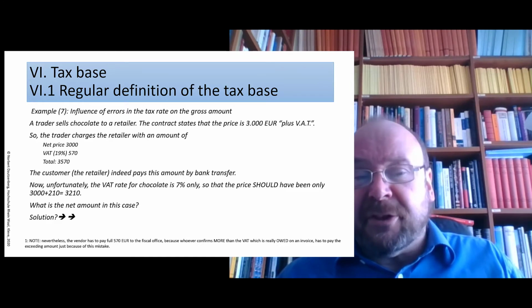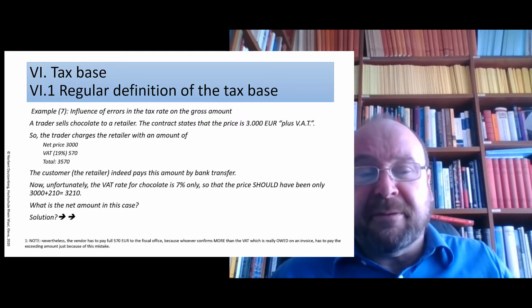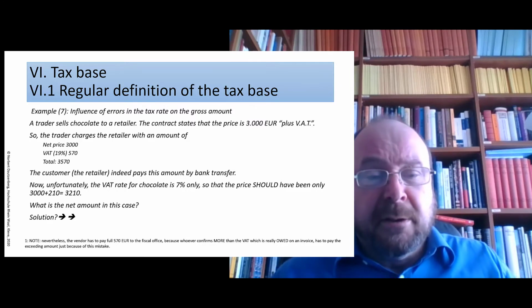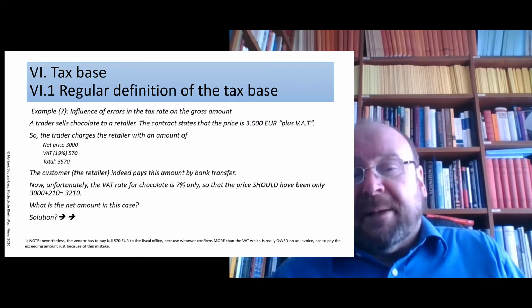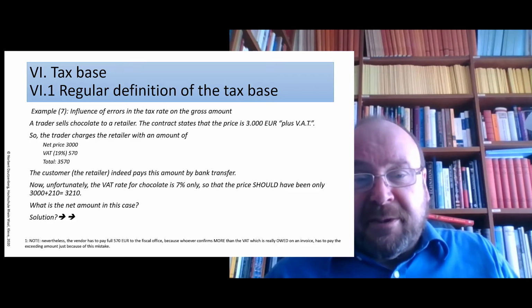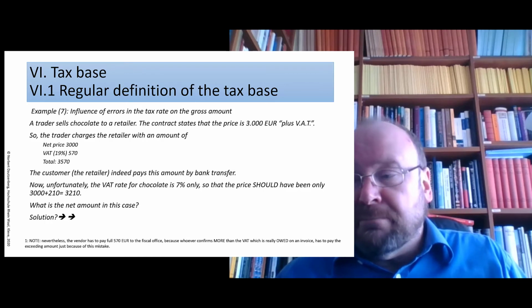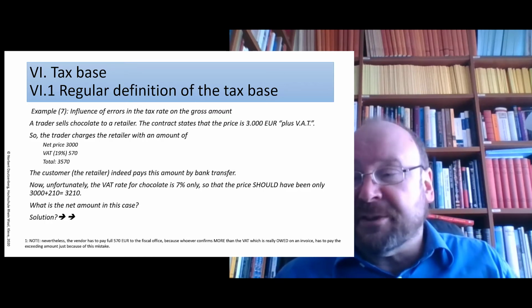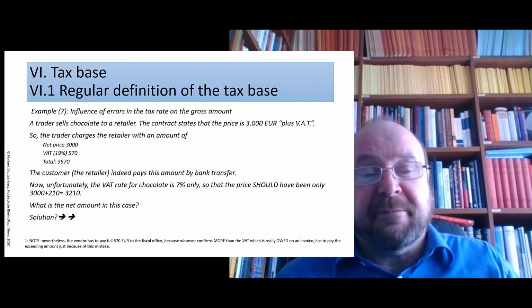So the trader charges the retailer a net price of 3,000 and adds the VAT on top of this, 19% erroneously. Perhaps the trader is somebody from outside Germany, I don't know, but it happens. Or an intern writes the invoice, one never knows. So in the end, the gross price charged is 3,570.